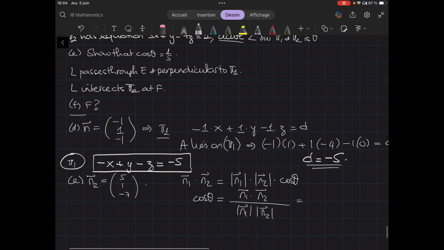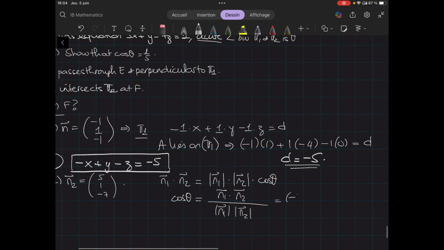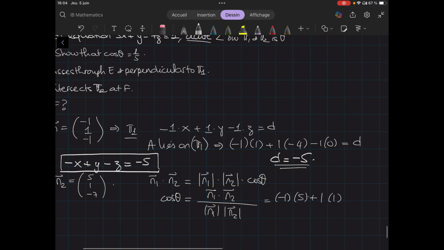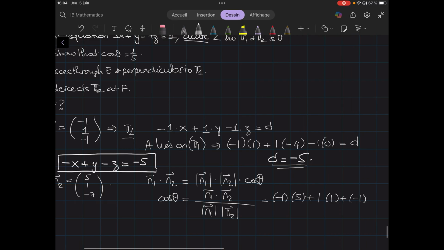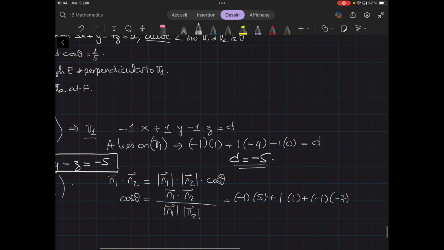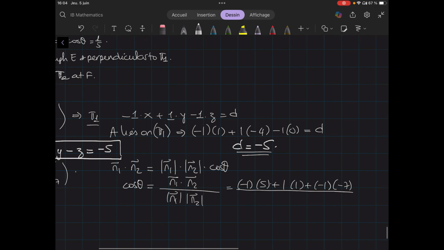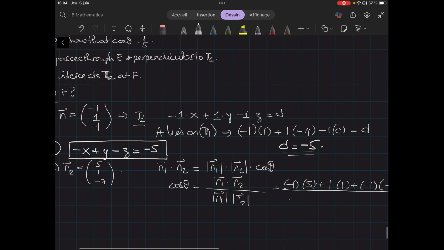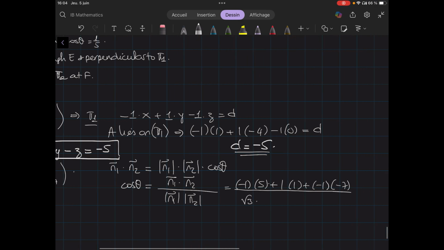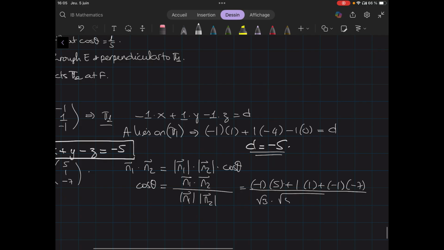n1 dot n2, that would be -1 times 5 plus 1 times 1 plus -1 times -7, divided by the magnitude of n1, root 3, and the magnitude of n2, that is the square root of 5 squared plus 1 squared plus -7 squared.